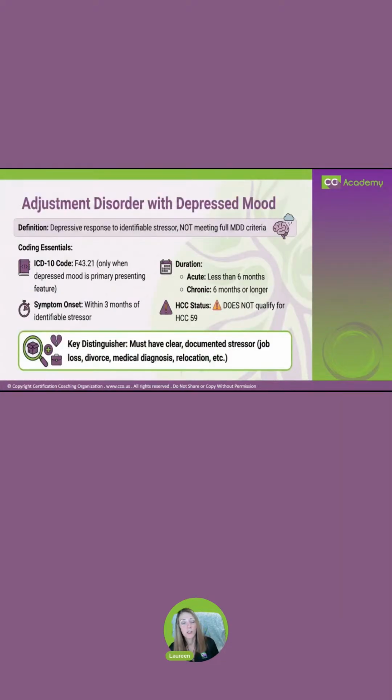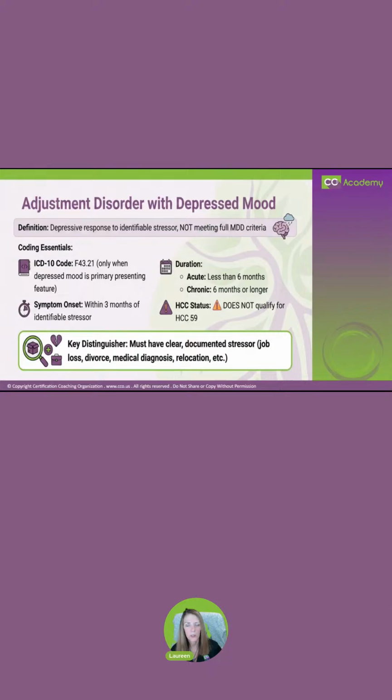Now we're going to move on to adjustment disorder with depressed mood. This one's really important because it gets confused with MDD often. So what is it? Sounds a lot like what we've already said, and that's why we get the confusion. But it's a depressive response to an identifiable stressor. So the key word is identifiable.